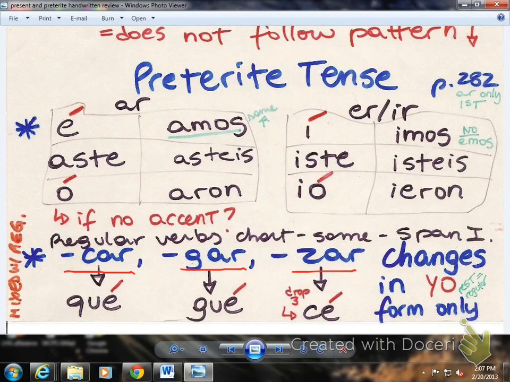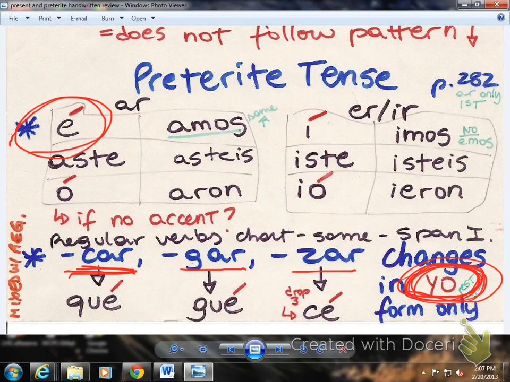Obviously, they're all going to be on your AR list because they all end in AR. So, only for the yo form. Write a big note on your paper. Only for the yo form will you change the pattern, basically. So, instead of using your regular E for the yo form, you're going to drop your whole CAR, you're going to drop those 3 letters, and you're going to replace it with QUE.